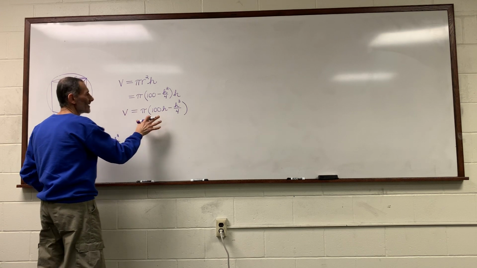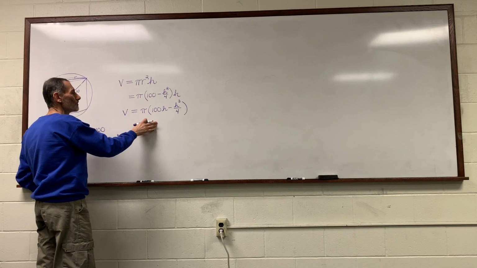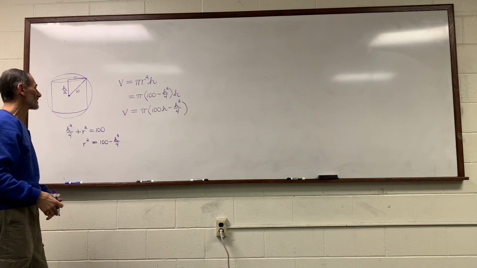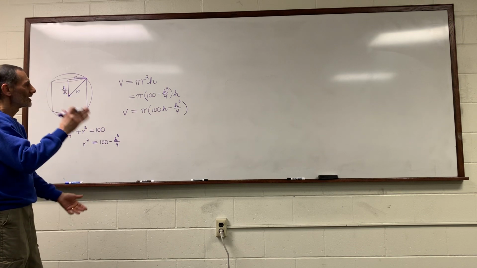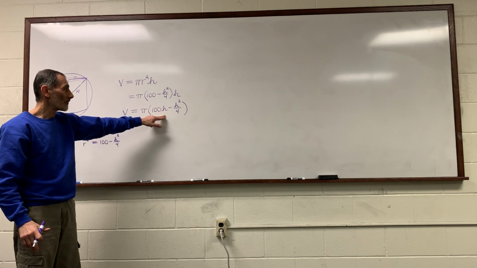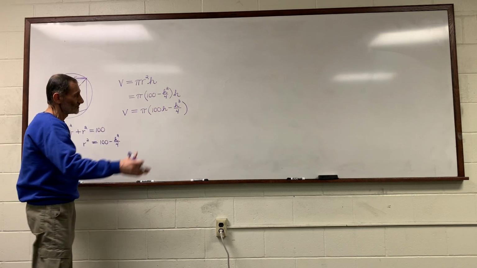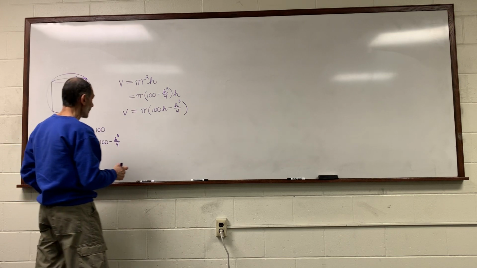There is, as it were, the holy grail of these problems. Once you get to this point, again, the mathematics is just mechanical. Take the derivative, set the derivative equal to 0, solve for the critical number. And this one doesn't require a chain rule, doesn't require a product rule, it's a simple power rule. All right?